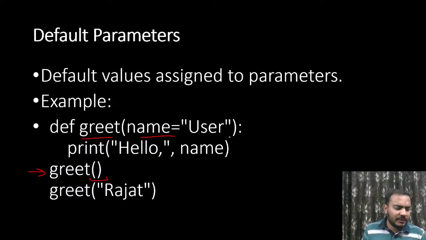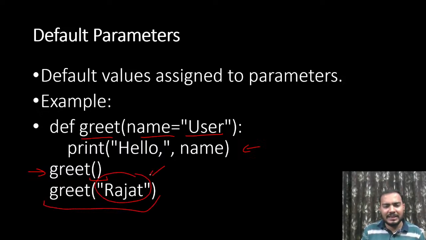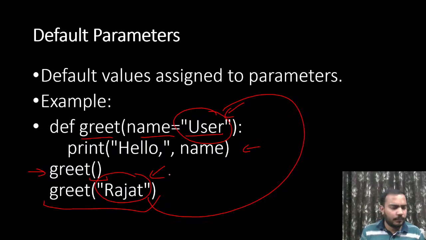So what will happen this time? This time the function will take the default value user and it will put this value in the function's body. Okay. Whereas in the second call, I have given a value. So if I pass a value, then this default value will be ignored and it will be replaced by this value Rajat. And this time the output will be hello Rajat.